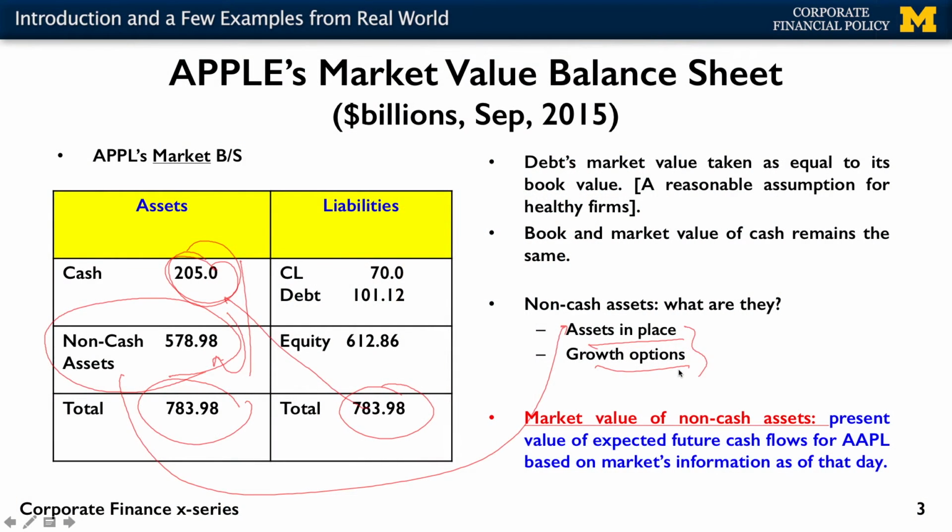Potential to grow its iPad sales, potential to create new products in future, the market is paying a price for that based on the market's information as of today. Fair? So the market value of non-cash asset can be summarized as the present value of expected future cash flow for Apple based on the market's current information.